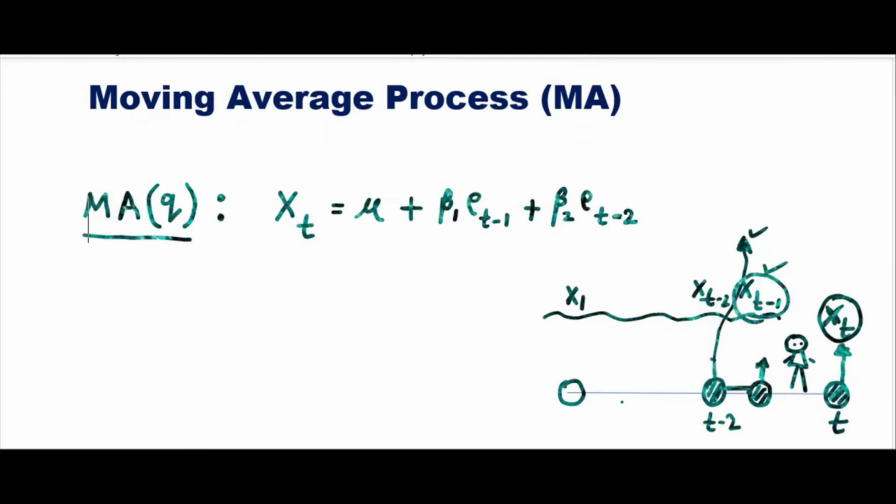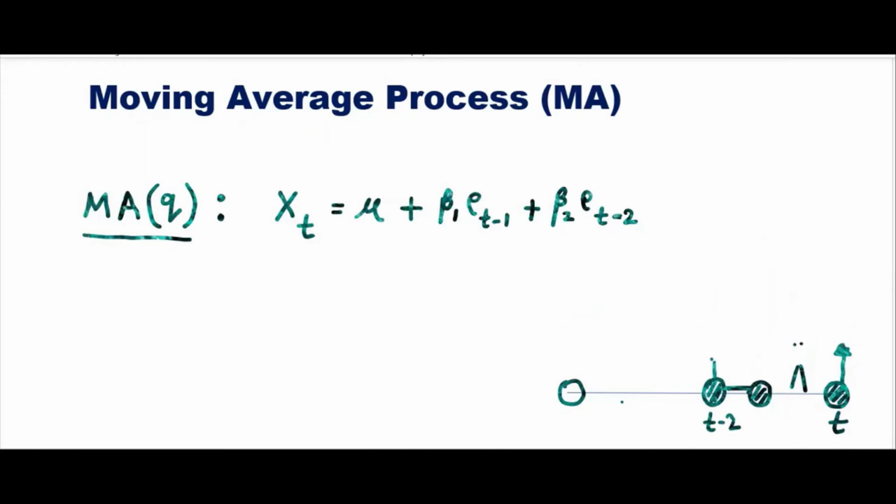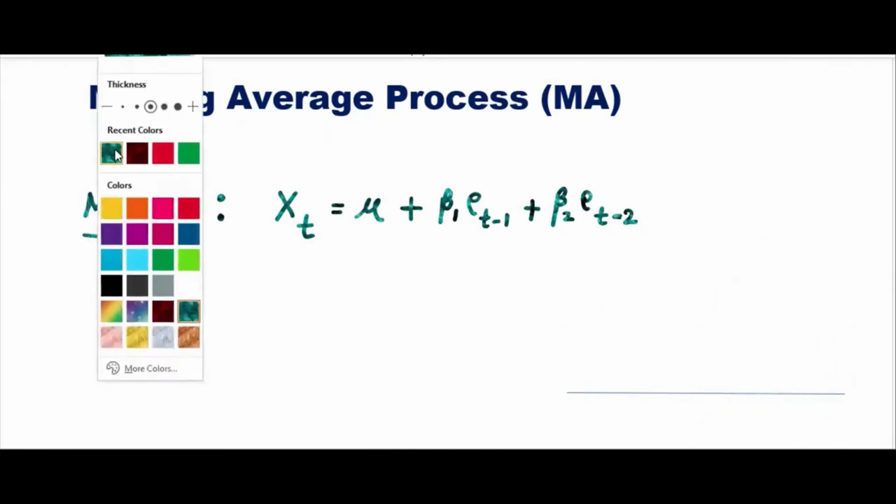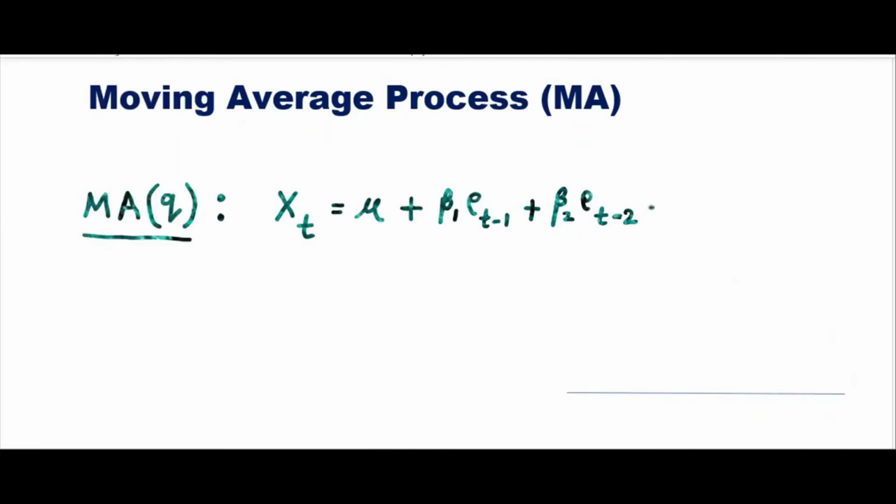Once again, we'll take q such innovations, q such random shocks, white noise, whatever you say. So we'll go up to beta q e(t minus q) and et. This is the formula for MA(q).